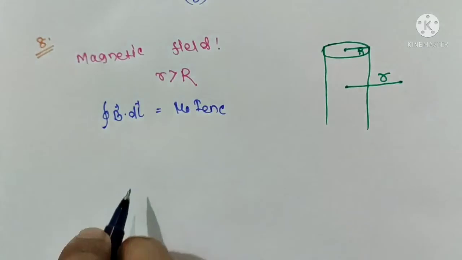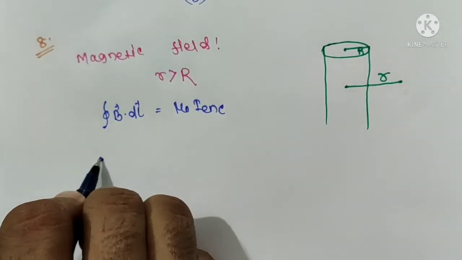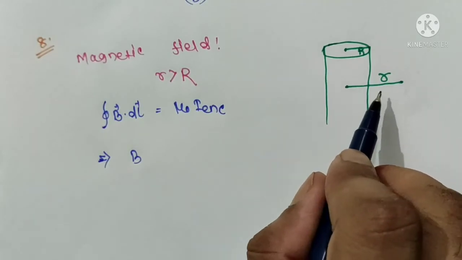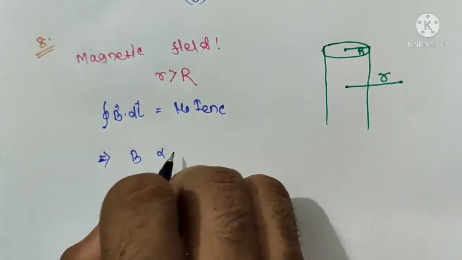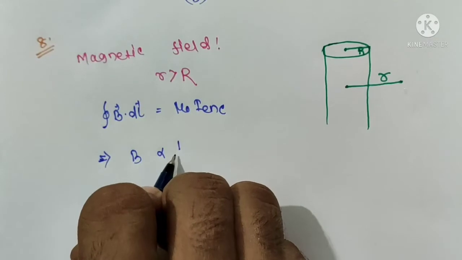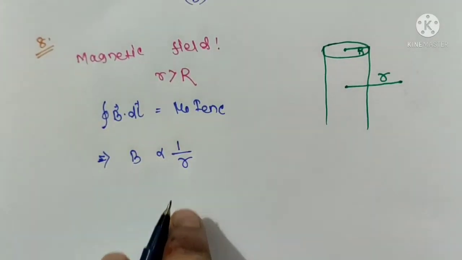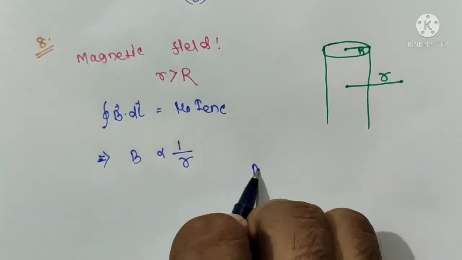Now from this law you can prove that magnetic field outside of this cylinder is inversely proportional to the distance, that is proportional to 1 by r. So your correct option is option B.